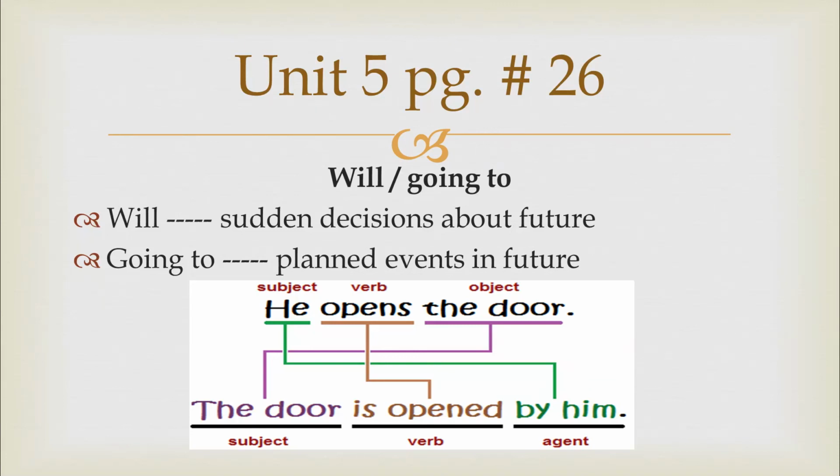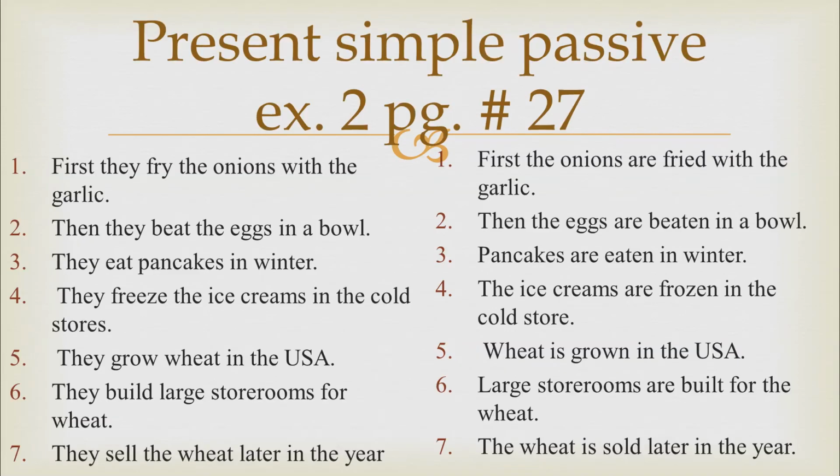The onions are fried, are is the auxiliary verb, and fried is the past participle. Sentence number 2. Then they beat the eggs in a bowl. The eggs are beaten in a bowl. Do all these sentences in the same way. Then come to Unit 6, page number 28, exercise number 3.